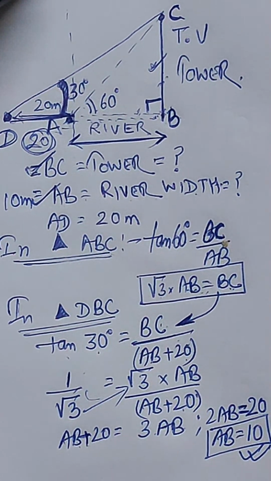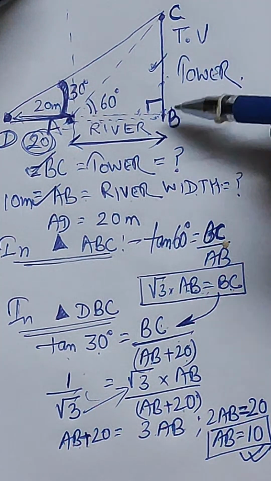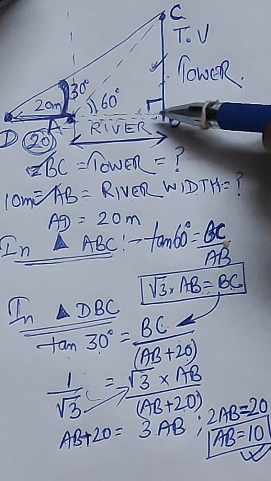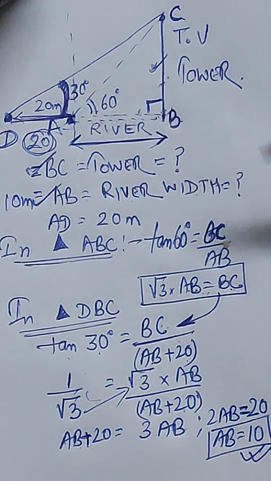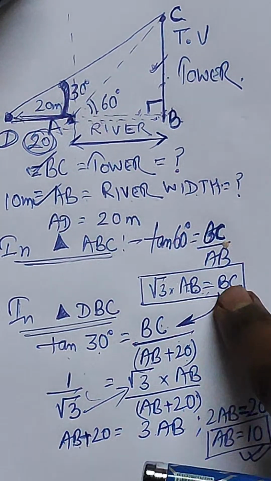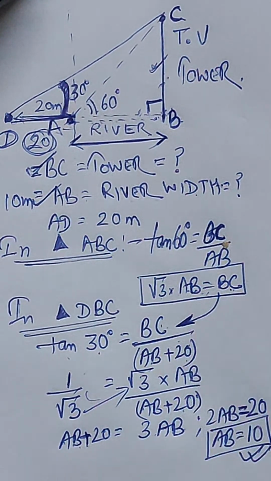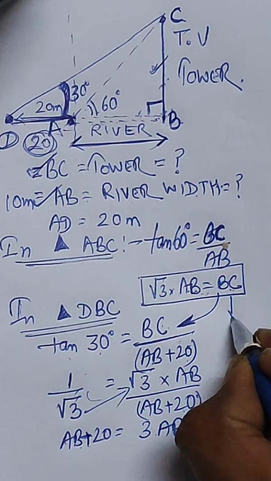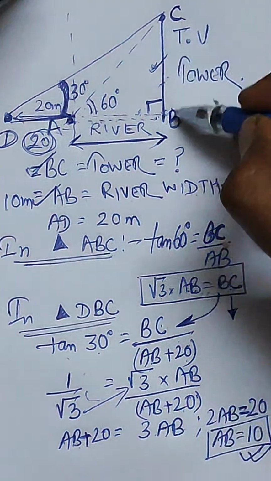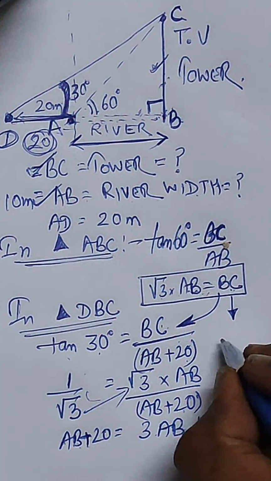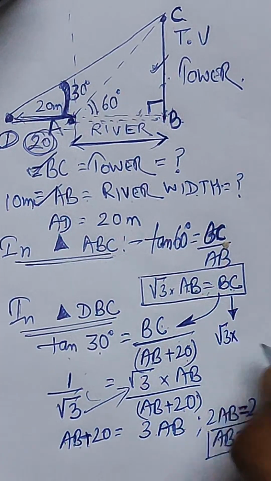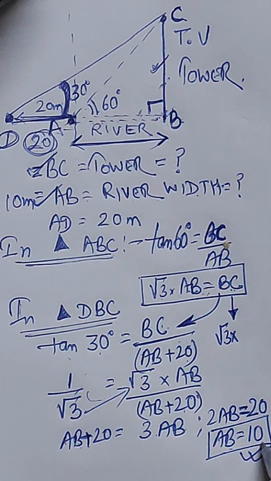Now what is the height of the TV tower BC, which is located on the opposite side from the point of observation? For BC, just write root 3 times AB, right? So this will give you BC, the height of the TV tower, as root 3 times AB, and AB is 10.